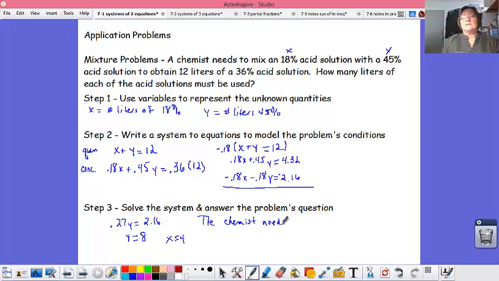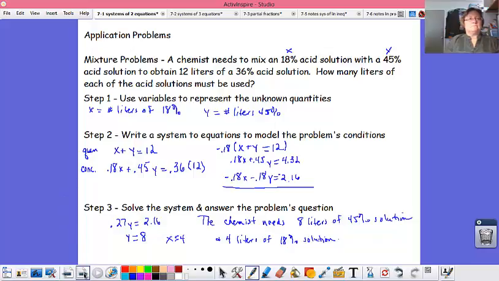The chemist needs 8 liters of the 45% solution and 4 liters of the 18% solution. So a little mixture problem to get us started here.